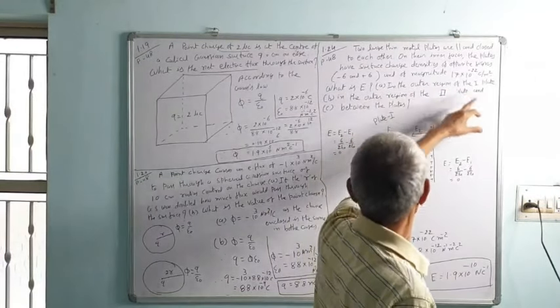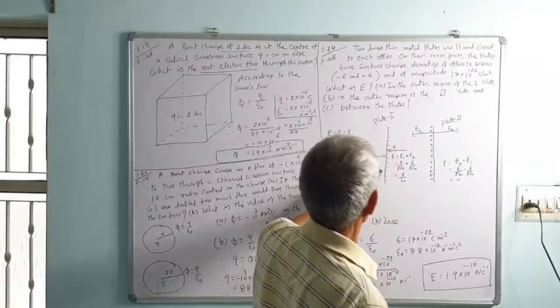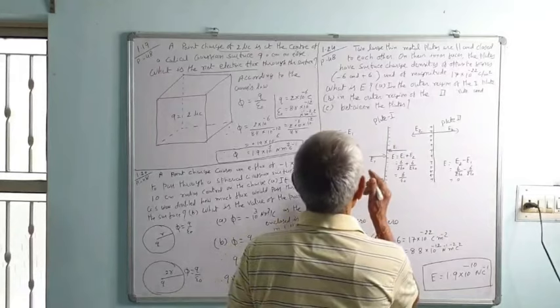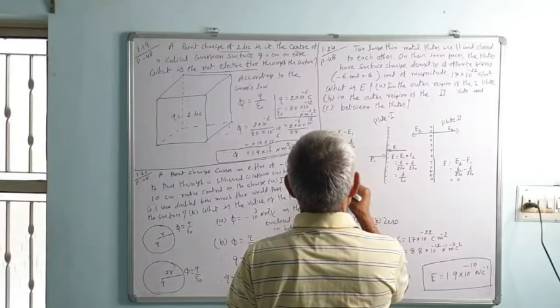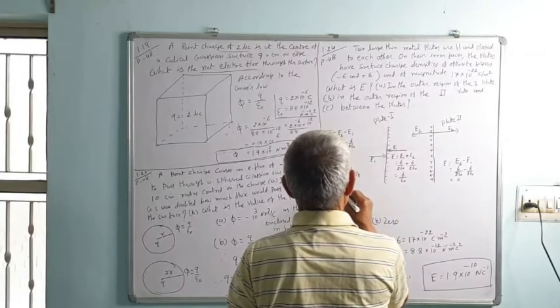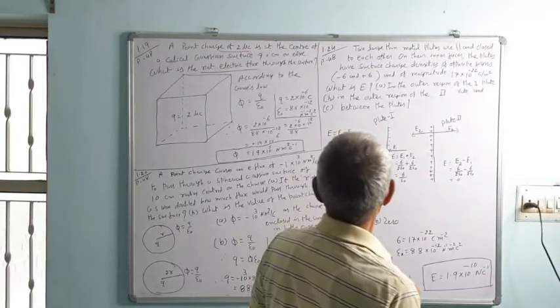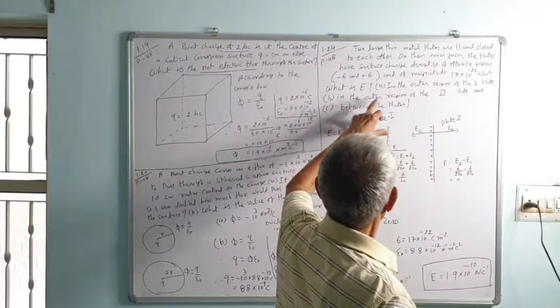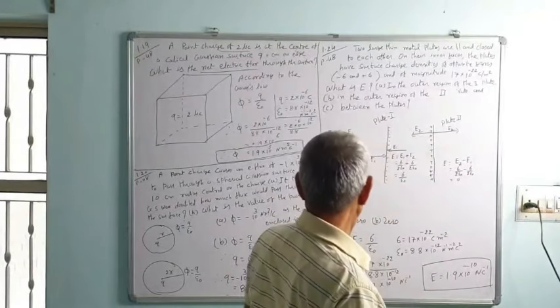The outer region of plate 1 is this region, the outer region of the second plate is this region, and in between the plates is this region.